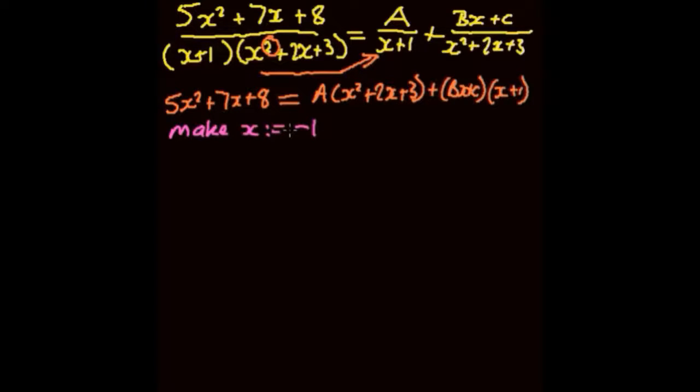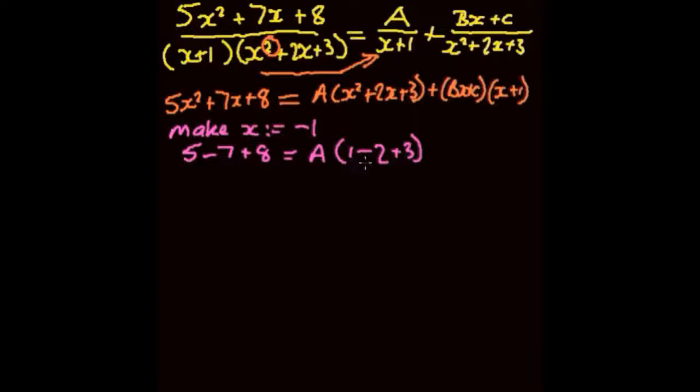So everywhere I've got an x, I'm going to make it x equal to minus 1. And you can do the sum yourself, so I encourage you to pause the video at lots of times and do these sums. On the left hand side I'm going to have 5 minus 7 plus 8 equals a into 1 minus 2 plus 3.